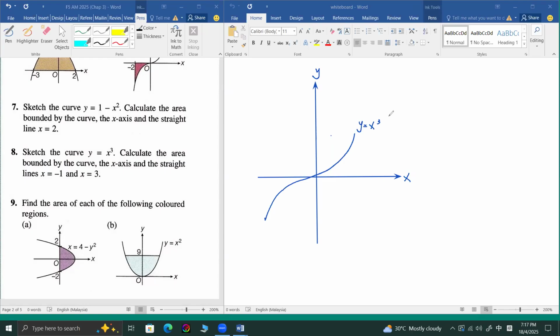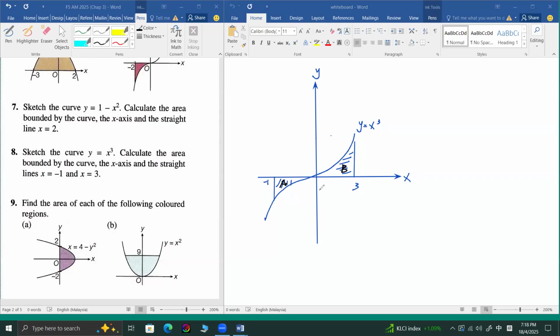Calculate the area bounded by the curve, x-axis, and the straight lines x equal to -1 and x equal to 3. So these two. Remember just now, I made it A and B. So you do the same thing.